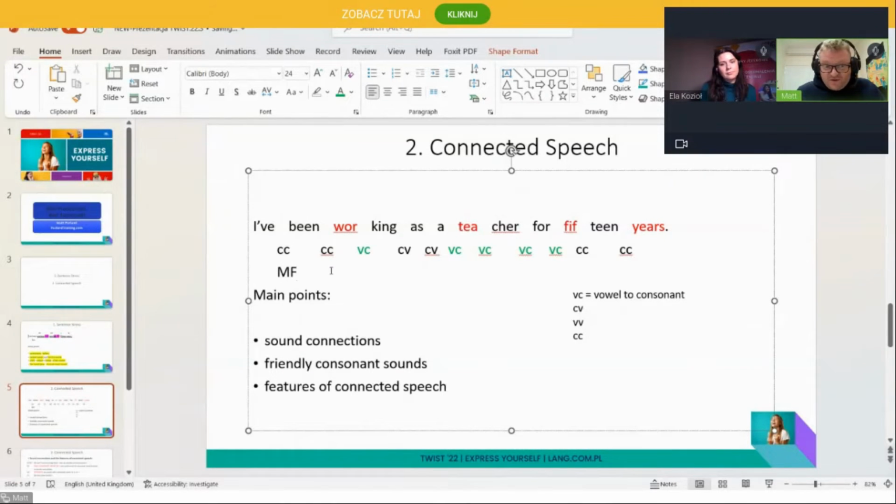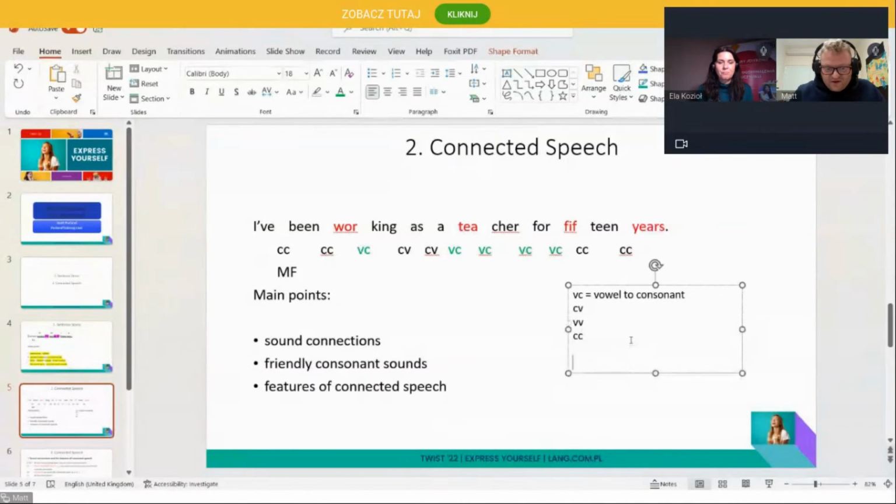Yeah, this is a quick demo, really. The next one then is CC, and is "been were". Is it easy to say that? "Been were", it seems easy to me. It's easy because some consonant sounds are called friendly.